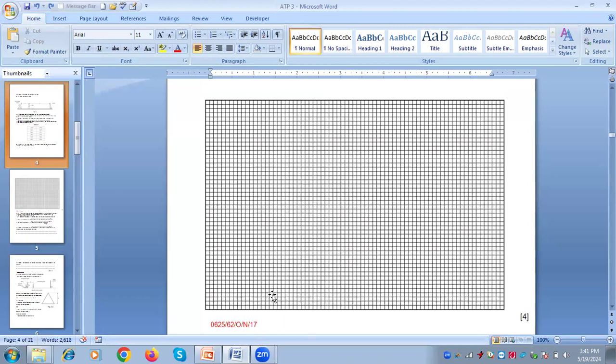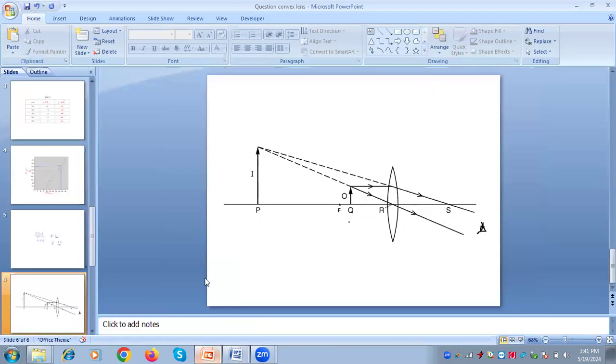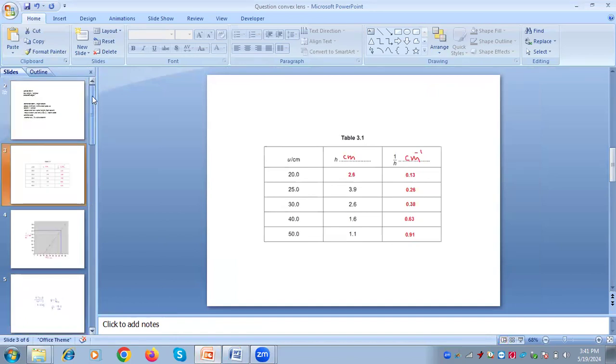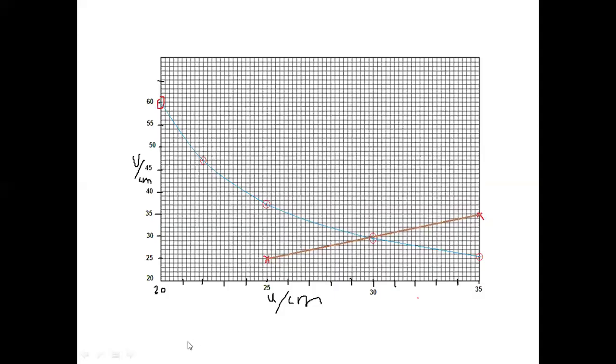The graph is already plotted here, where v is taken along the y-axis and u is taken along the x-axis. So what was the minimum value for that graph? That was 22 centimeter object distance.